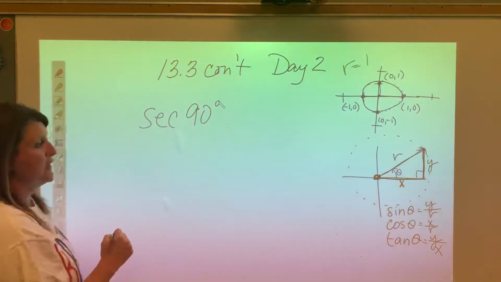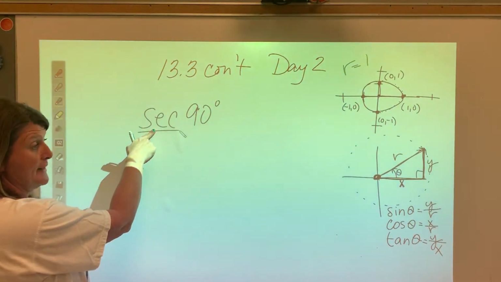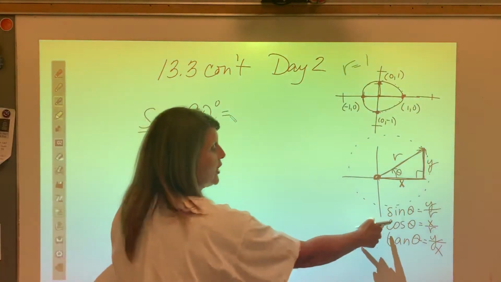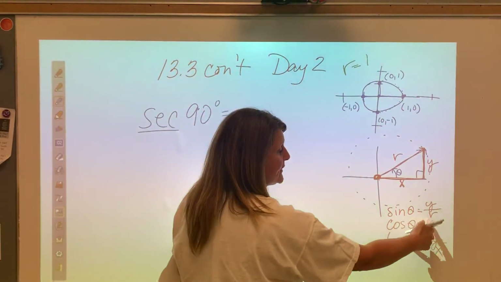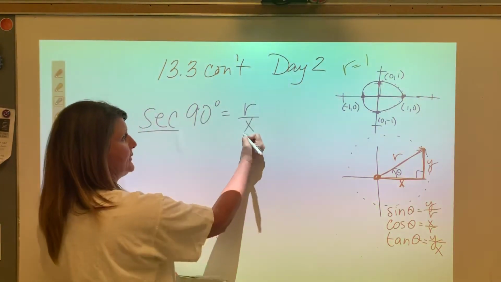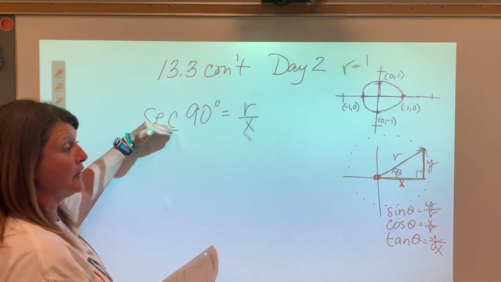Oh my goodness. Remember, secant is the reciprocal to cosine, okay? So if I go ahead and look over here at cosine, if cosine is x over r, then the reciprocal would be r over x. So maybe I'm jumping the gun a little bit, but secant is reciprocal to cosine.